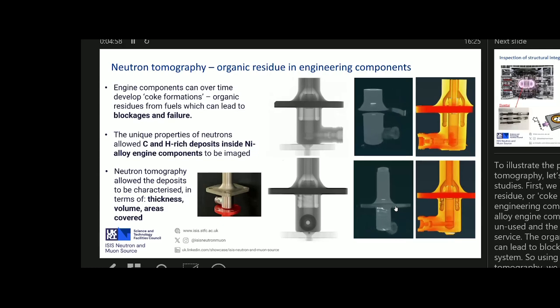Coking is a hydrogen and carbon-rich residue inside the nozzle. Also, the nozzle itself is a nickel superalloy, so it's quite heavy for X-rays to penetrate. So they come to us to use neutrons to do radiography and tomography, which allows them to find the residue inside the nozzle.